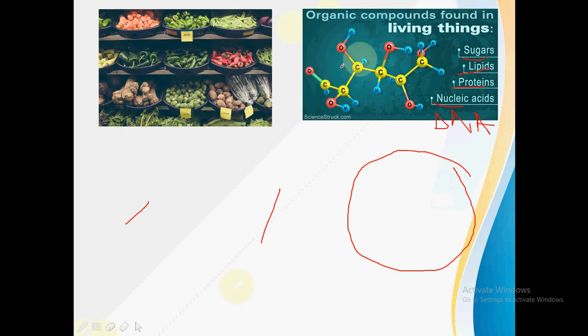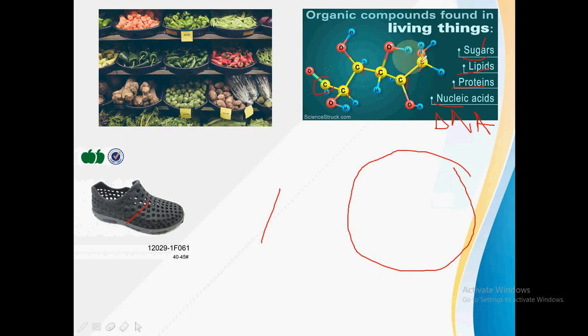Such compounds include sugars, lipids, proteins, and nucleic acids such as DNA. The joining we're talking about is this carbon, that carbon, that carbon, and that carbon, continuously bonded to itself through these single bonds. Those are the lines I was drawing.